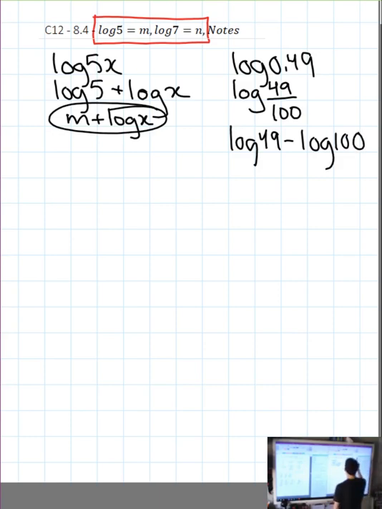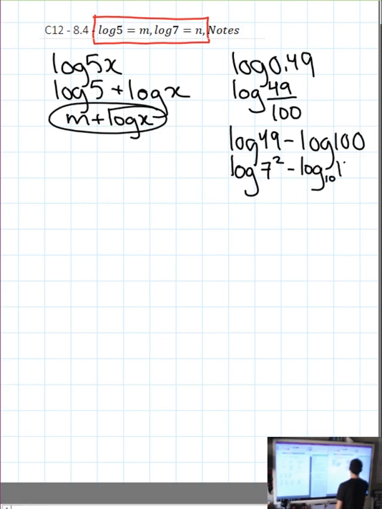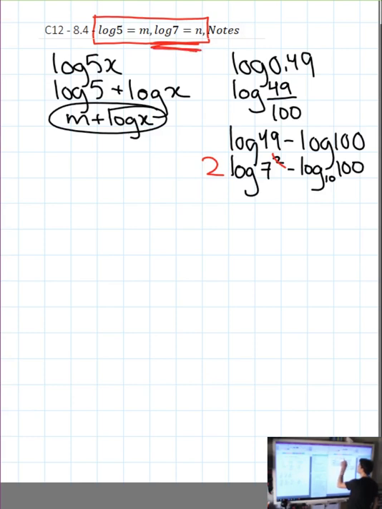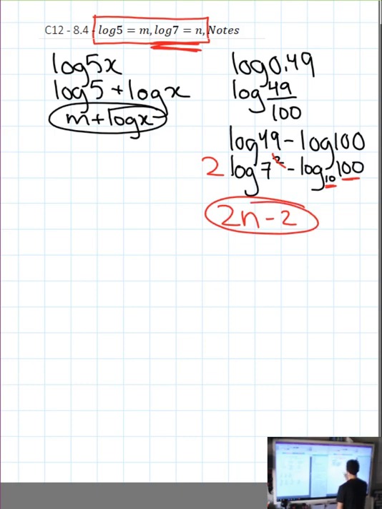Now 49 is just 7 squared, so I can replace 49 with 7 squared. And I can leave log 100, but I'm going to put in the base of 10 if you don't see it. Now this 2 I can bring down in front, and I know log 7 from the given information at the top is n, so we simply have 2n. Now what power do you have to raise 10 to equal 100? Well, 2, so minus 2.